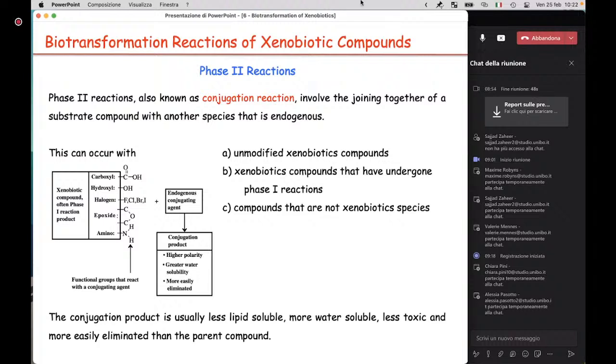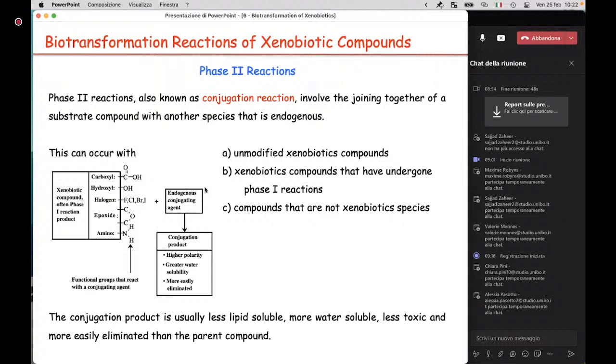We have seen before that phase 1 reactions can produce an epoxide, can free an amino group, or produce carboxylic, alcoholic groups. So any of these groups is reactive to conjugation reactions.